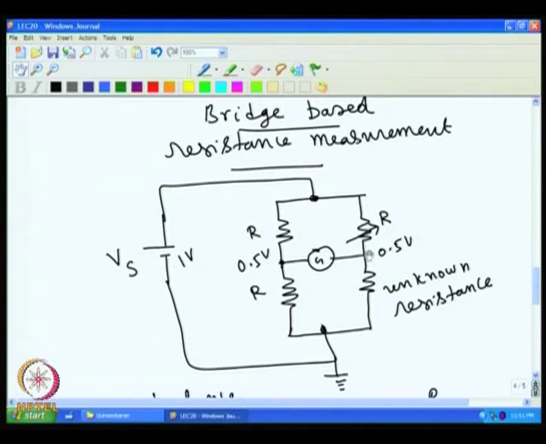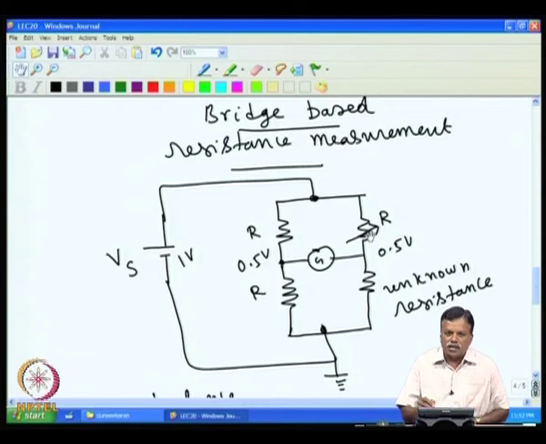Assume this is also manganin wire, this and this also manganin wire, then you will find whatever the temperature of these elements, this will be at 0.5 and this will be 0.5 as long as this is 1 volt. So, if the room temperature changes, the balance is not going to be affected at all. As long as the actual resistances are not changing, there is no problem.